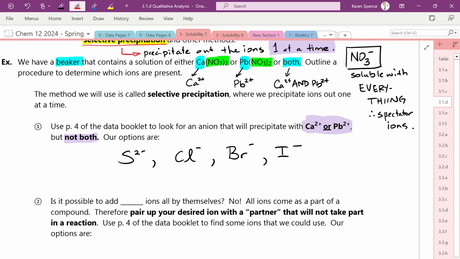Chloride's always an easy one, right? Is it possible to add chloride ions all by themselves? Can you go into the back room and get me a jar of chloride ions? No. Why not? That would be chlorine. That would be neutral chlorine, as opposed to chloride, which is negative.